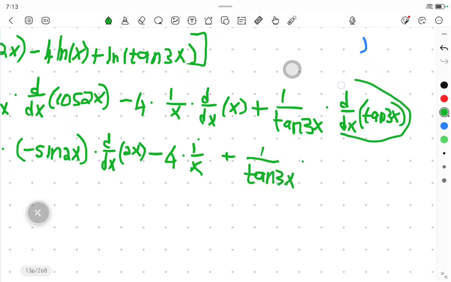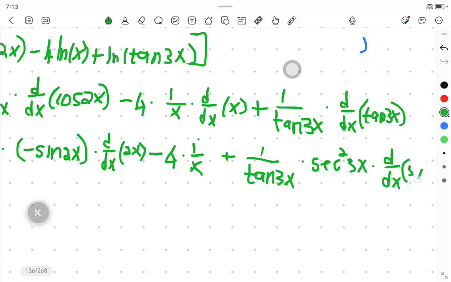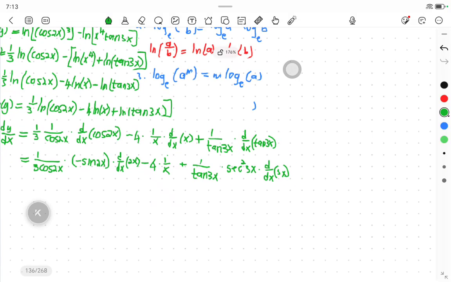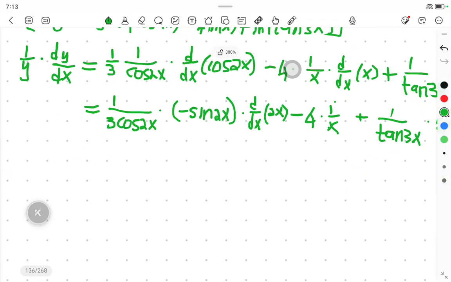times the derivative of tan, we know that it's sec squared, but here the angle is 3x, so I'm also going to multiply by the derivative of the angle, which is 3x. And then this will be minus 2 sine 2x, because the derivative of 2x is 2.